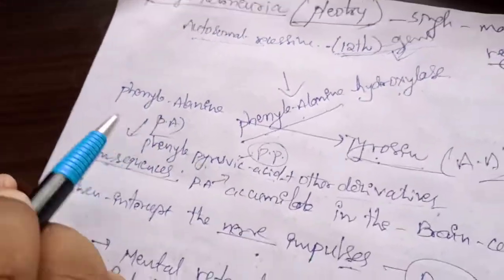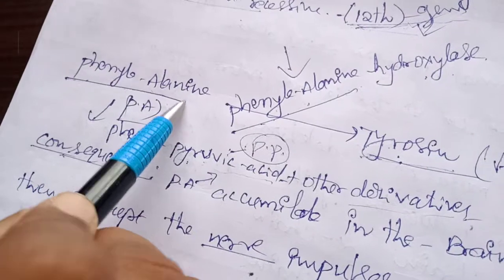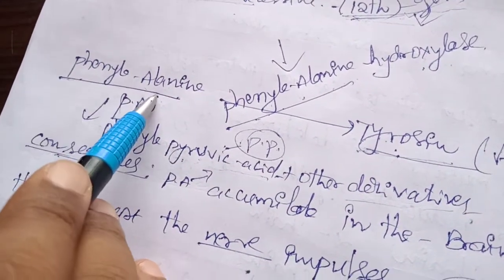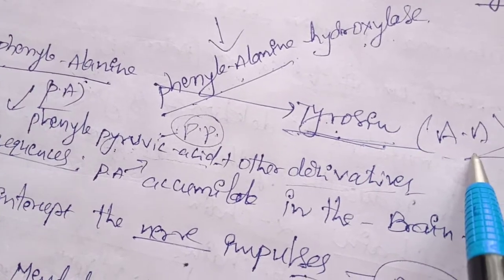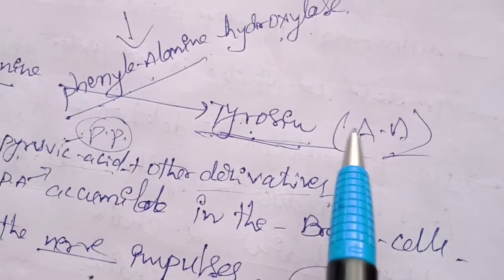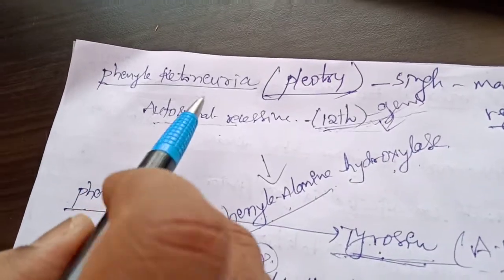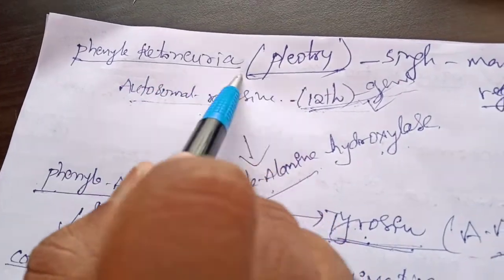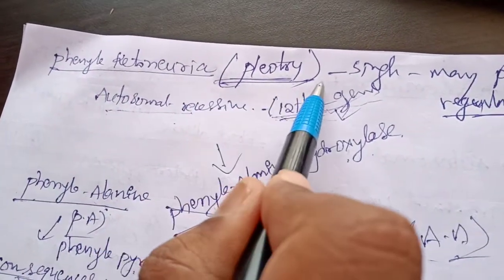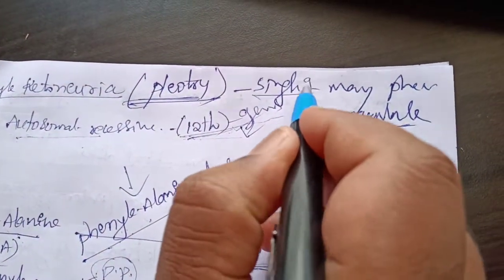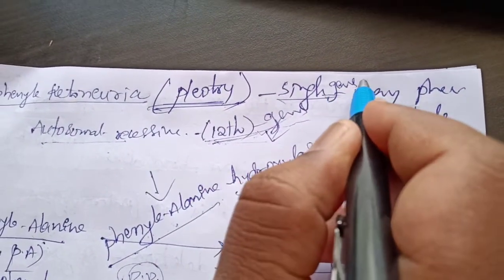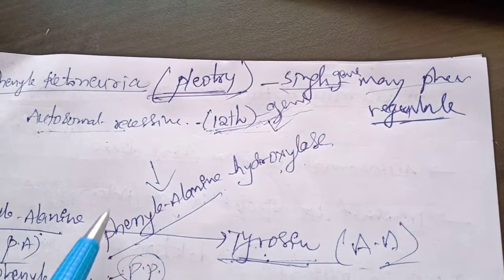In the normal process, phenylalanine is converted into the amino acid tyrosine. Students, phenylketonuria is an example of pleiotropy, so you can write that a single gene regulates many phenotypic expressions.